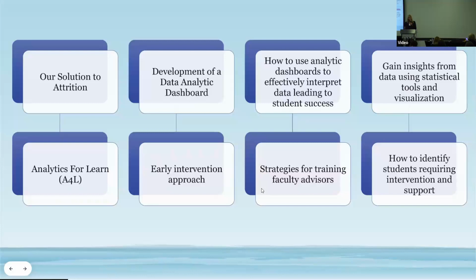And strategies for training our faculty advisors. Our faculty are our advisors, and I'll get into that and how we train them. And you'll gain insights from data using statistical tools and visualizations, because I want to show you what we have and how to identify students requiring intervention and support early on.